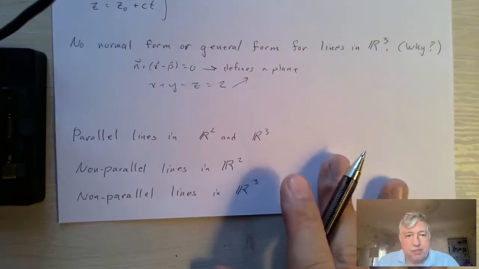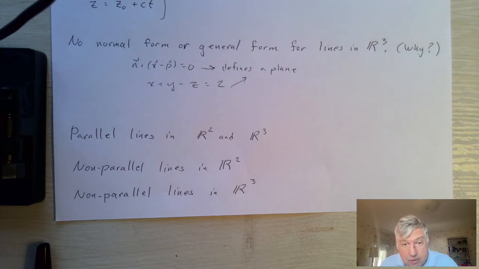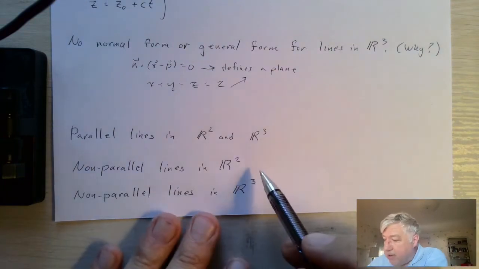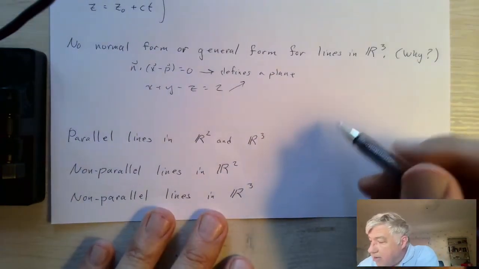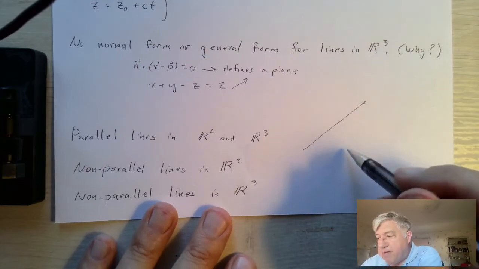Parallel lines. In R2, two lines either meet or they don't. So that means if they don't, they're parallel. Otherwise, they meet. Of course, in 3 dimensions, it's possible that you can have lines that might not have the same direction, but they might not meet.